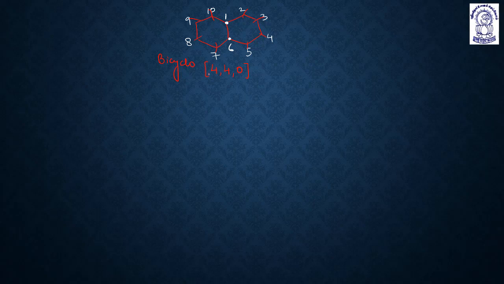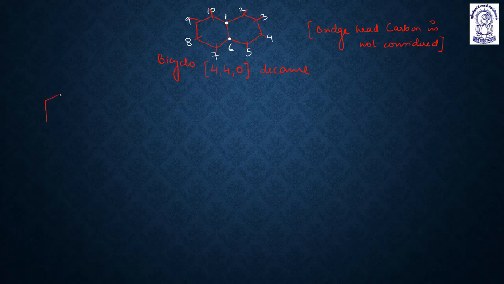So it will be written as 0 in decreasing order: 4, 4, 0, decane. Please remember, bridgehead carbon is not considered. Understood?